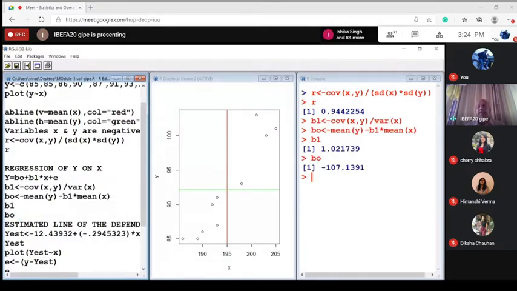The intercept will be minus 107.1391 and your B1 will be 1.021739.